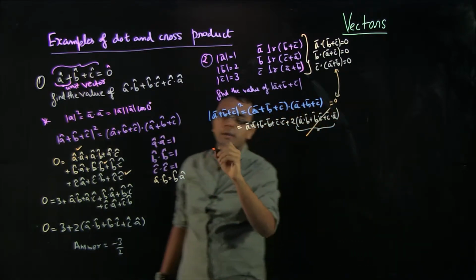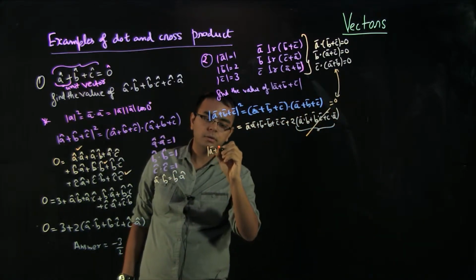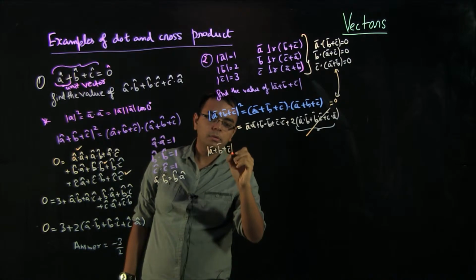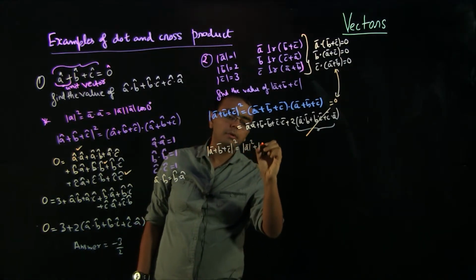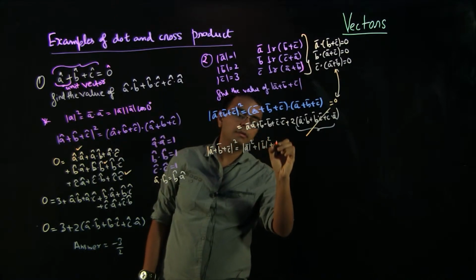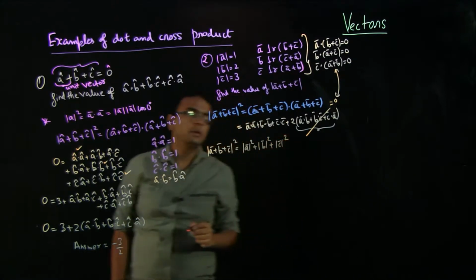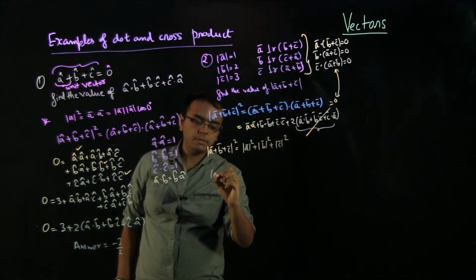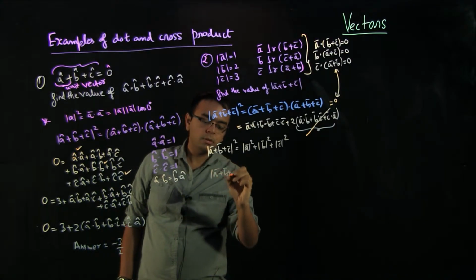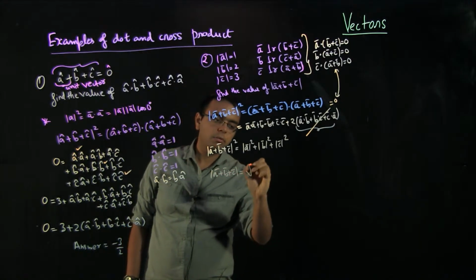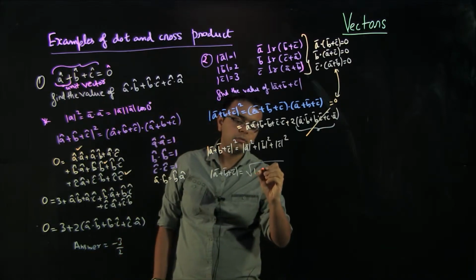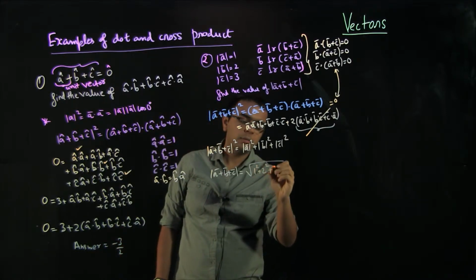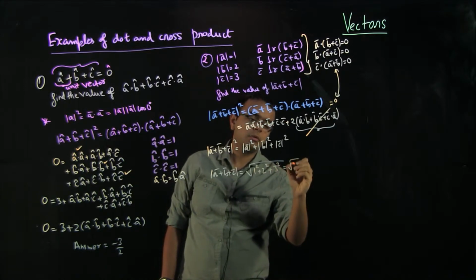So mod (A plus B plus C) square is A dot A, which is mod A square, plus mod B square plus mod C square, or mod A plus B plus C is the square root of A square plus B square plus C square, which is 1 plus 2 square plus 3 square, and this is the square root of 14.